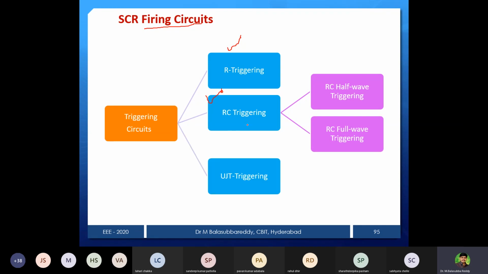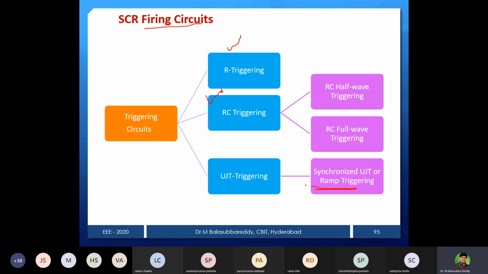The third method is UJT triggering, where you use a UJT to fire the device. In that we call it synchronized UJT or ramp triggering. In a general laboratory experiment, preferably we use ramp triggering.